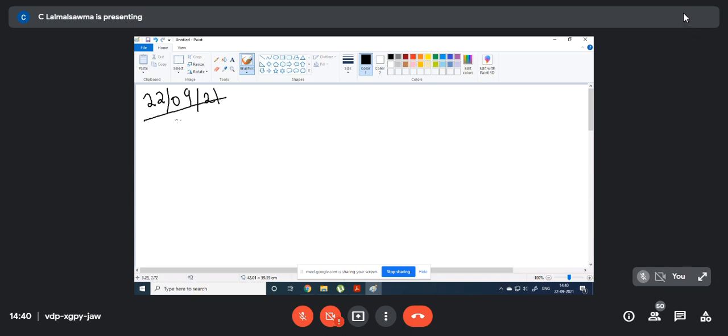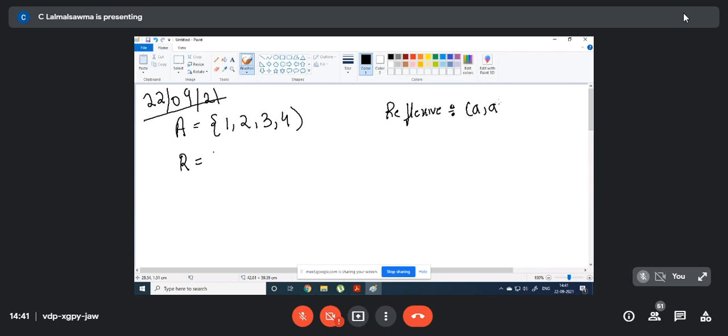Example, if we have a set A with 1, 2, 3, 4, then for reflexive, this is just revision. We discussed this in the last class.